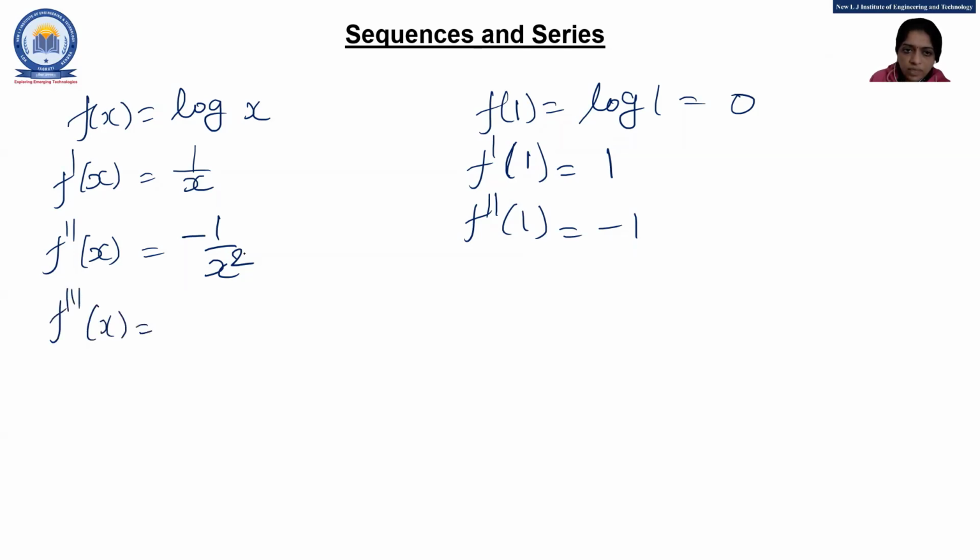See students, in this case the power 2 I put in the numerator and the minus sign is ahead, so minus minus plus, that is 2 upon x cube. If you don't know the direct method of this derivative, then go by the u by v rule. So f triple dash 1 is 2.